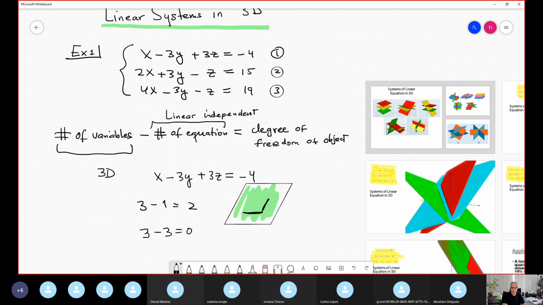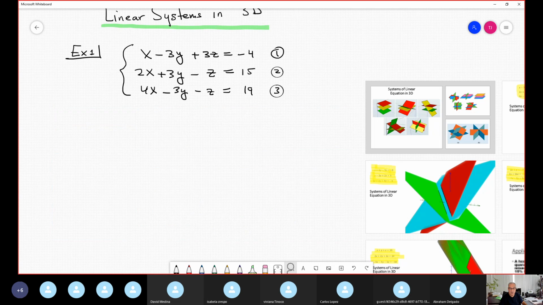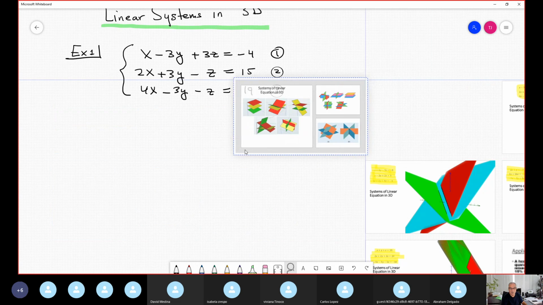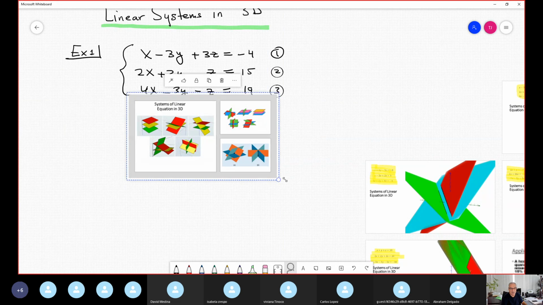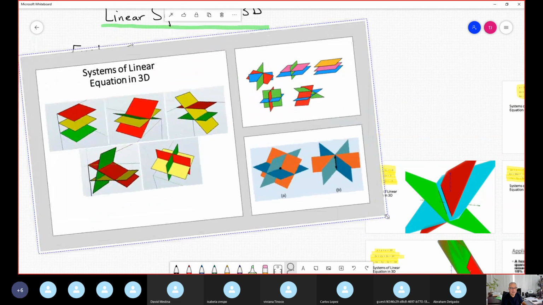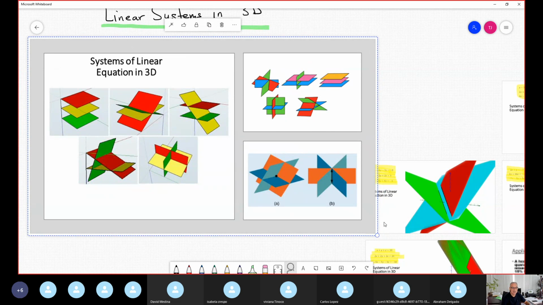However, you need to understand this. Before I start the algebra of this part, I bring here one slide to illustrate that the problem is more complicated in 3 dimensions. We have several possibilities, so I would like everyone to pay attention to this example.